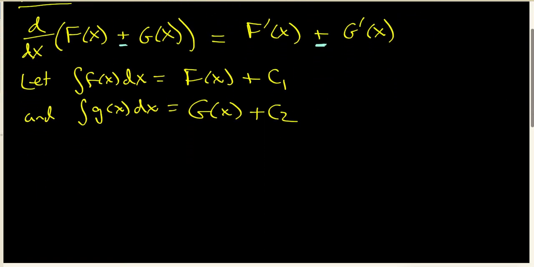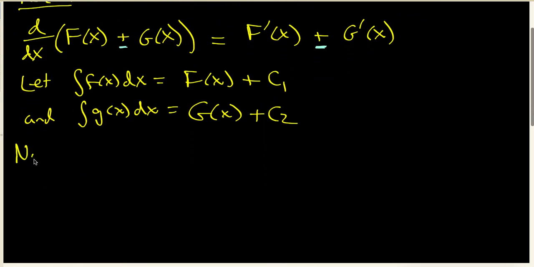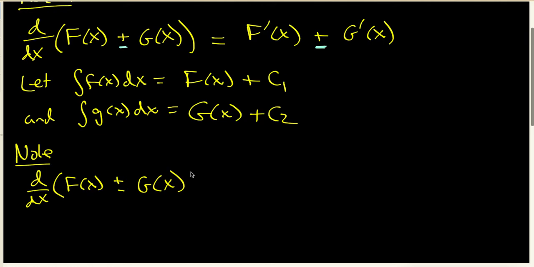Now, what I want to notice is this. If I look at the derivative of capital F of x plus or minus the capital G of x function, I am going to get f prime plus or minus g prime.